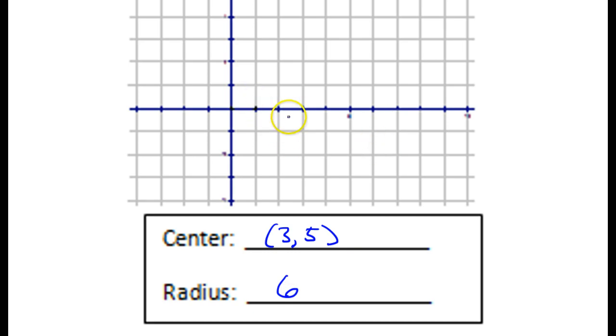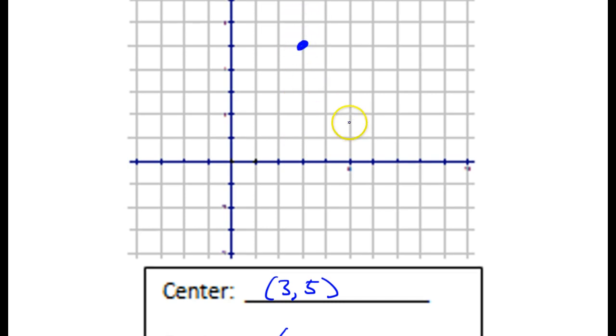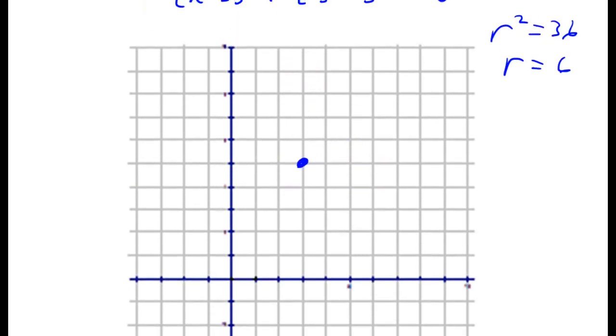Okay, so if the center is at 3, 5, that's going to be right here. Now if the radius is 6, that means if I go 6 in all directions, I should be hitting the circle.